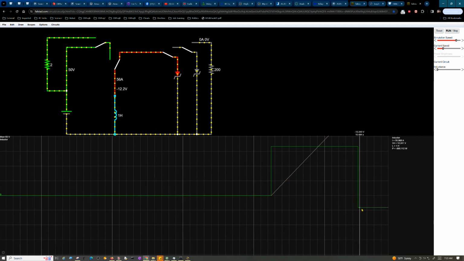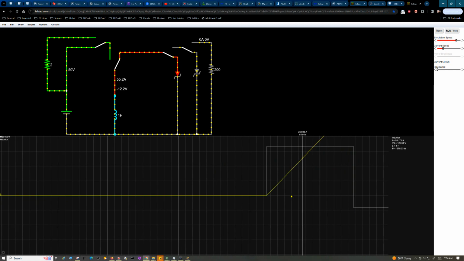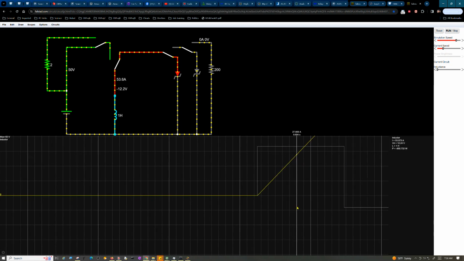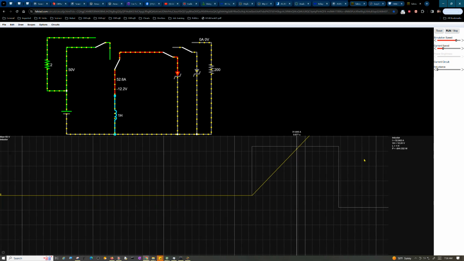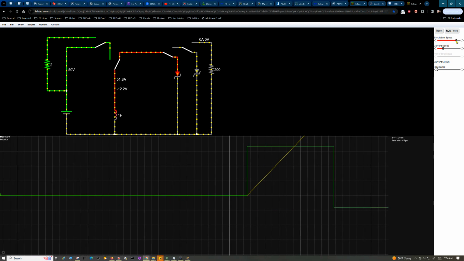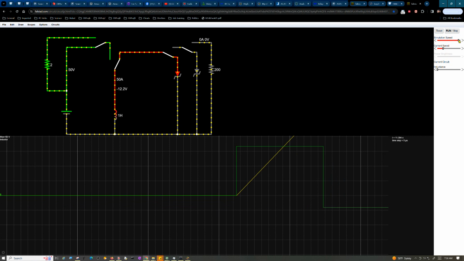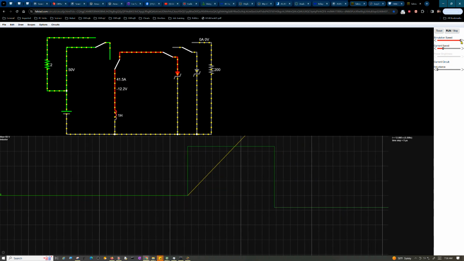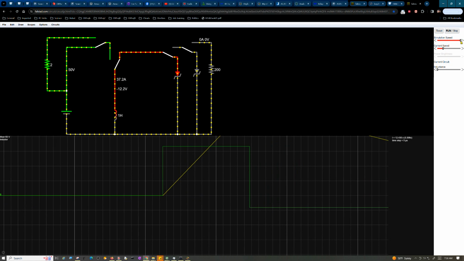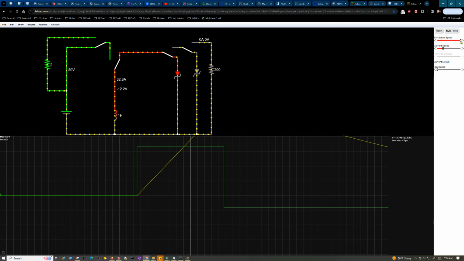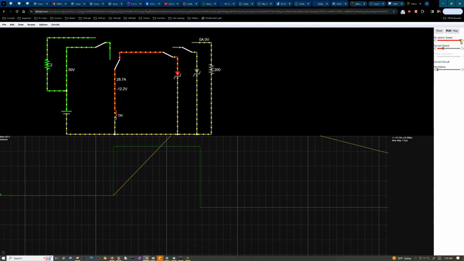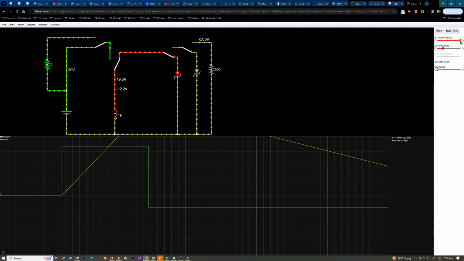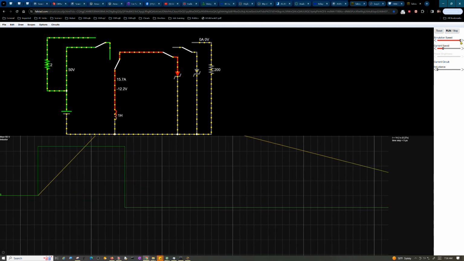So you can see its voltage has dropped down here, and here's our zero line right there. Let's see how long it takes this thing to discharge. And note too, that's why I'm using a Zener diode, because it's discharging at a constant voltage. So it's going to be a linear discharge curve as well as a charge curve. But look how much longer it's taking to discharge than it took to charge.